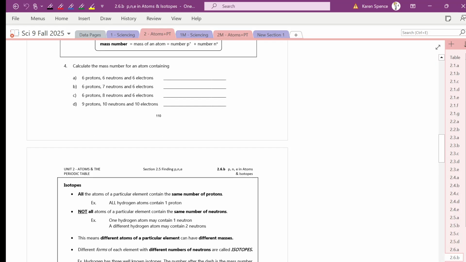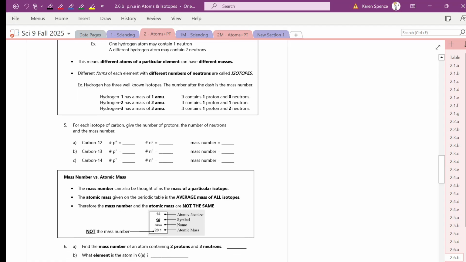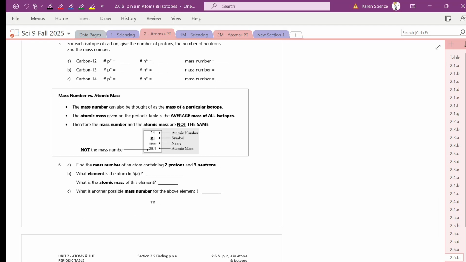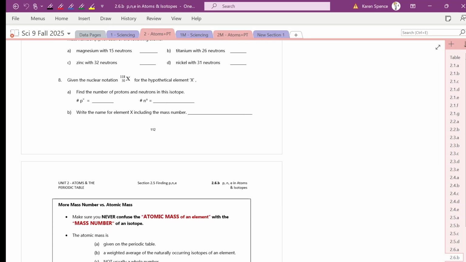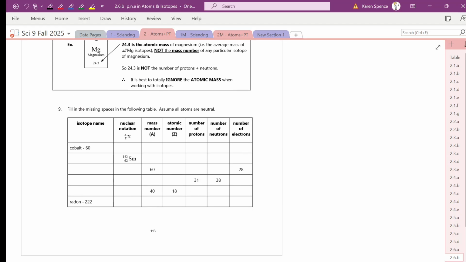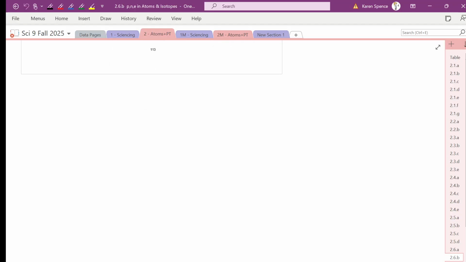We are going to carry on with 111, 112, 113, 111 to 113.